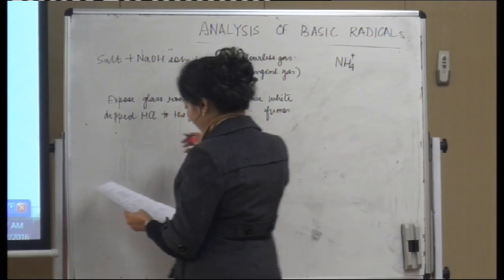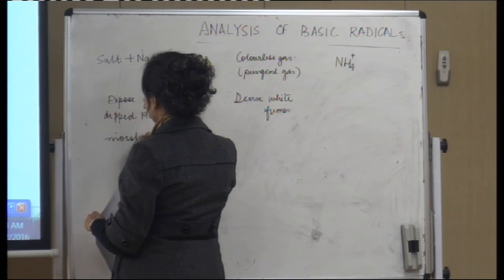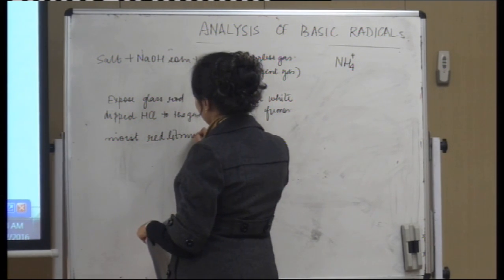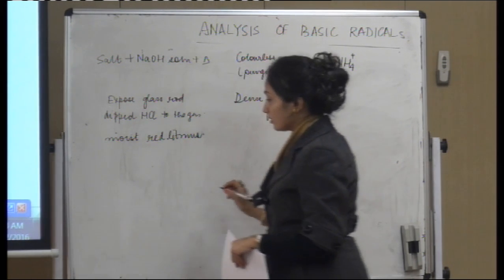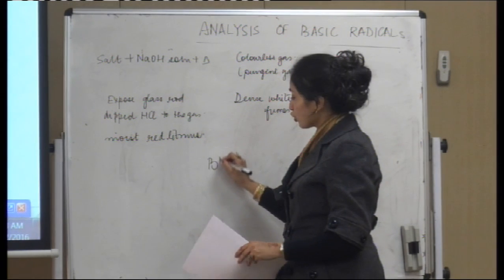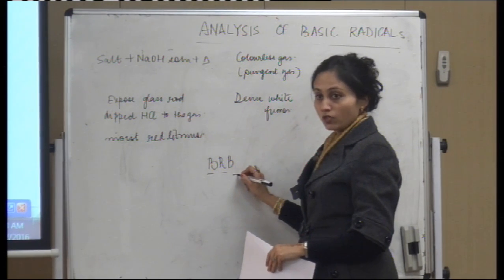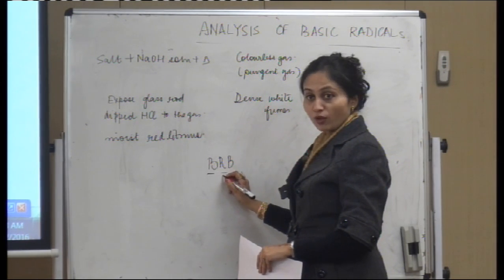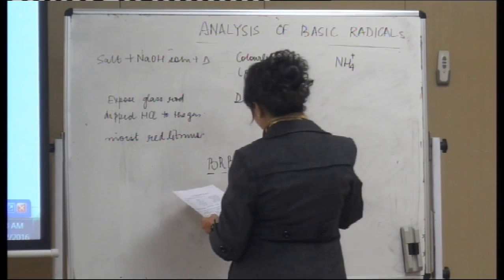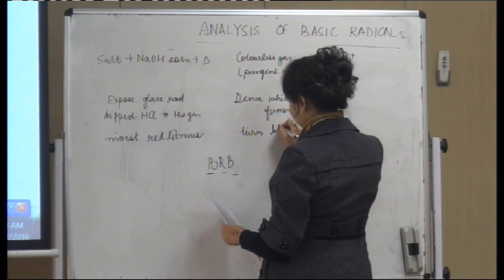And remember that if you bring a moist red litmus paper to it, bases turn red litmus paper blue. You remember BRB? So if a base is coming out, it will turn your moist red litmus paper blue.